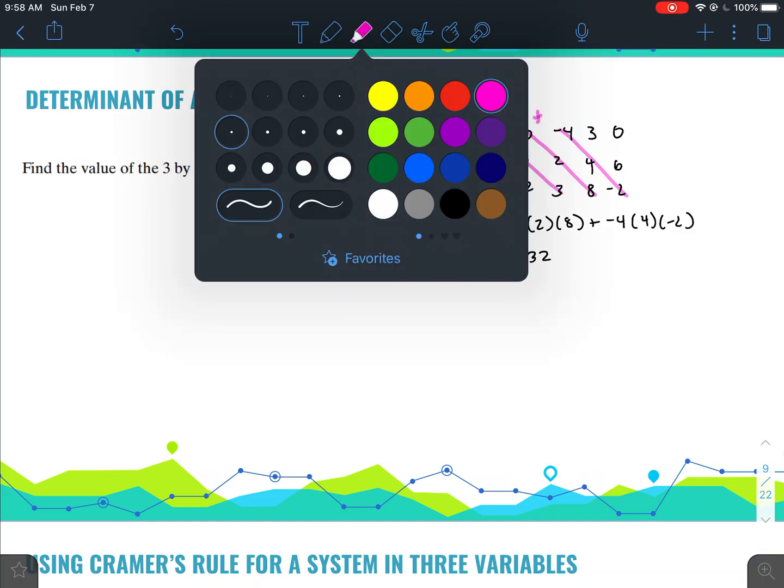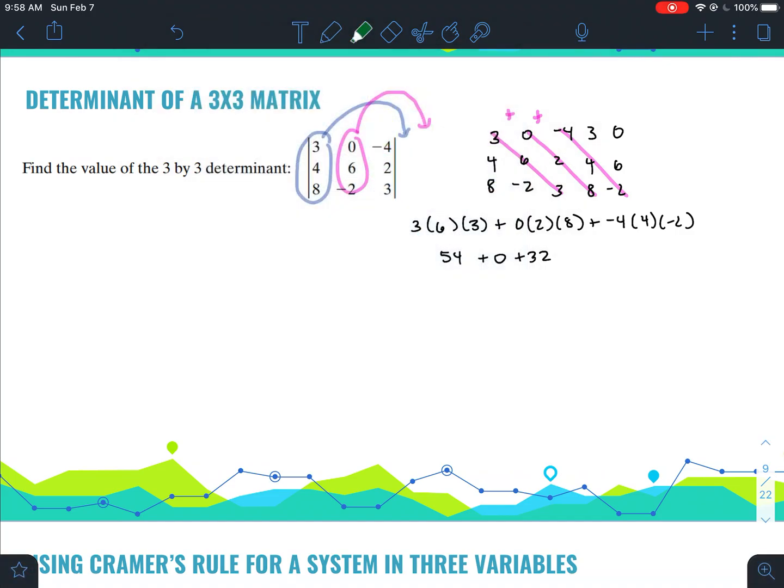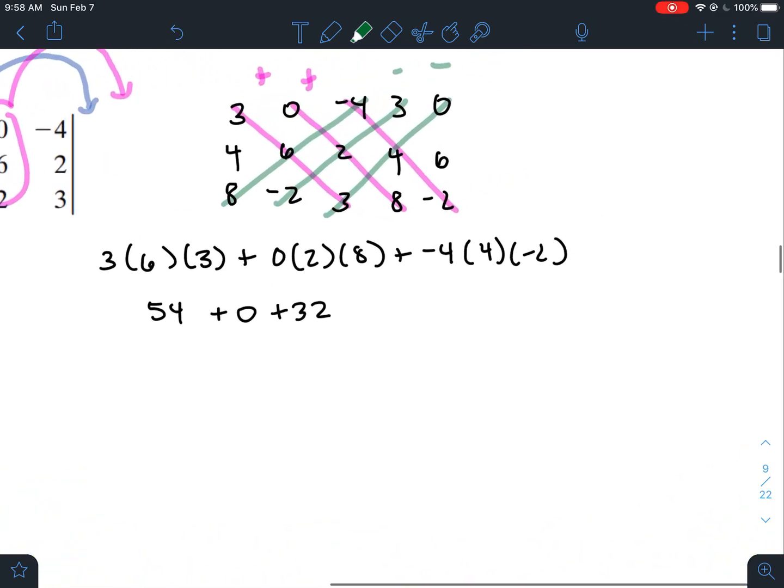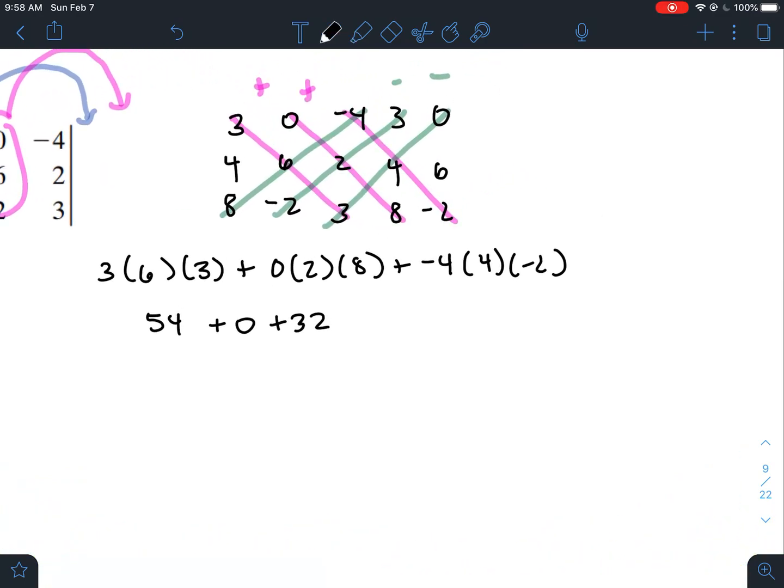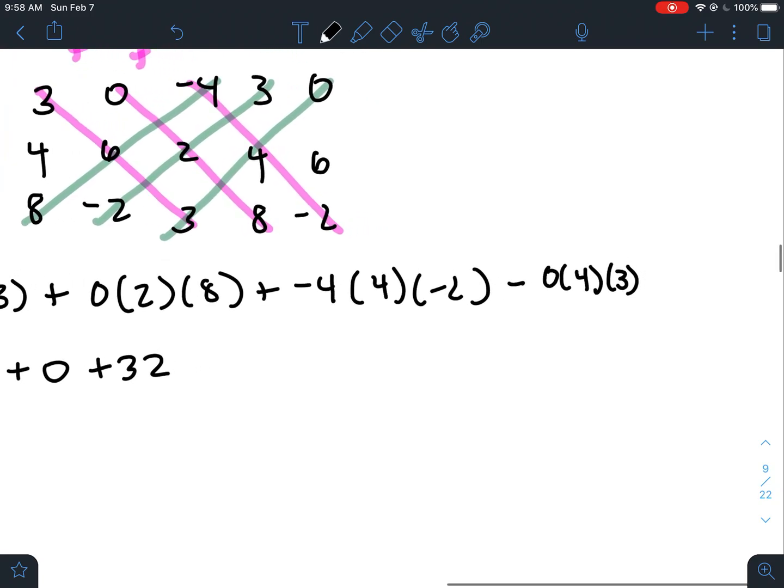And then you take the diagonals going from right to left and multiply them. So this diagonal, and this diagonal, and this time you subtract in between. And so this is going to become minus 0 times 4 times 3. And then minus 3 times 2 times negative 2, and minus negative 4 times 6 times 8.